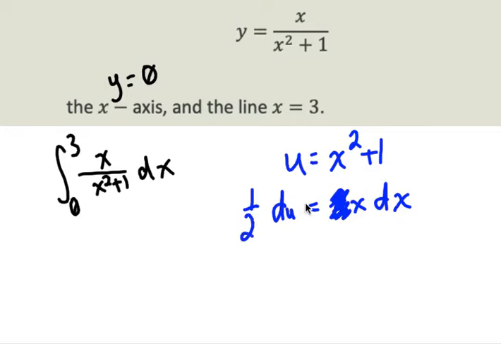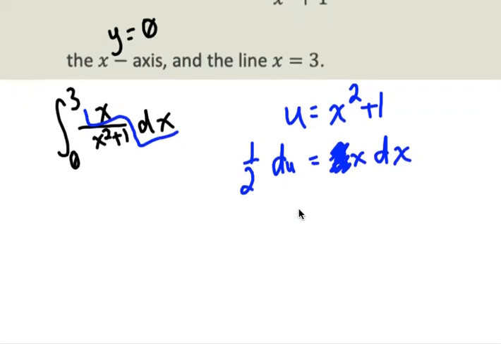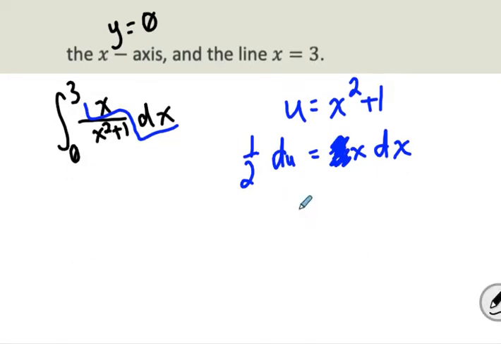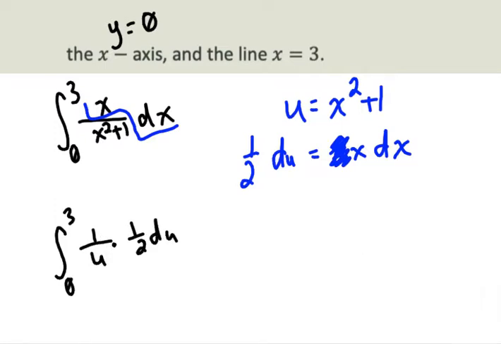Just don't move it over as a 2. Make sure you're dividing and you got the 1/2, you know that. So for my x dx that's right here, I will substitute in 1/2 du. And then x squared plus 1 is u. Okay, are you ready? Yep, okay. So integral from 0 to 3 of 1 over u times 1/2 du.